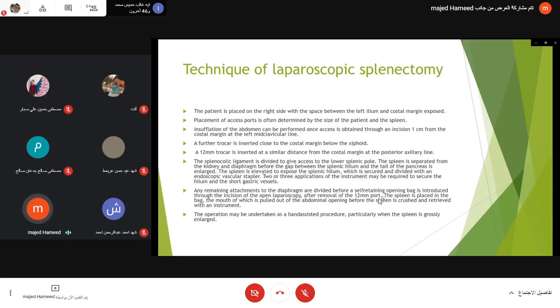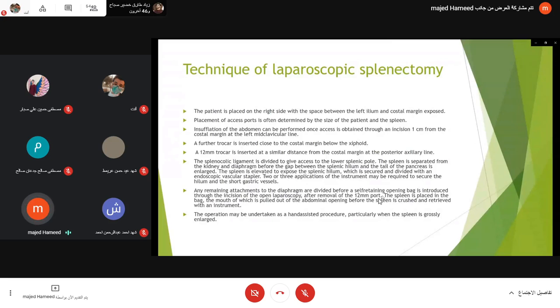The splenocolic ligament is divided to give access to the lower splenic pole. The spleen is separated from the kidney and the diaphragm before the gap between the splenic hilum and the tail of the pancreas is enlarged. The spleen is elevated to expose the splenic hilum, which is secured and divided with an endoscopic vascular stapler.